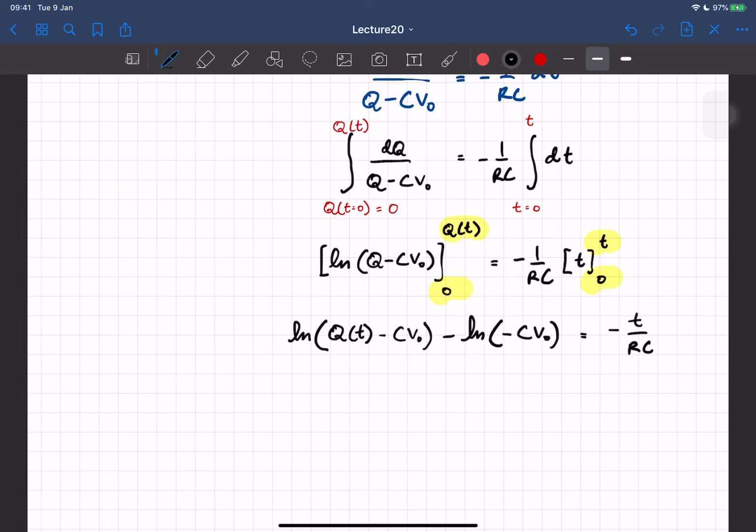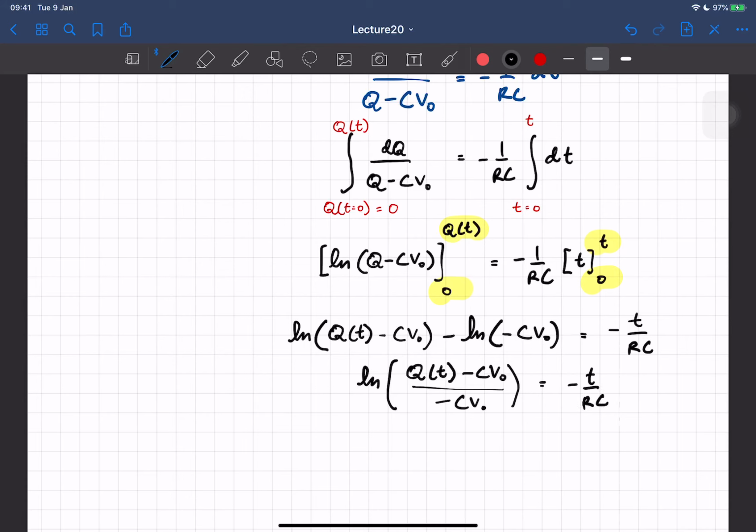Okay, and again, if you have the difference in logarithms, then you can put them together, so it becomes a division. So it's going to be q(t) minus CV divided by minus CV, equal to minus t over RC.